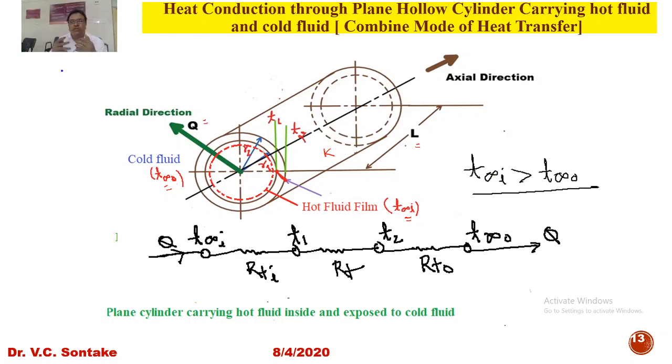Now what will happen? There are two fluids, hot fluid inside, cold fluid outside, and this temperature is the maximum temperature. By virtue of this temperature difference between hot and cold fluid, heat transfer will take place in the radial direction from inner side of the cylinder to the outer side.